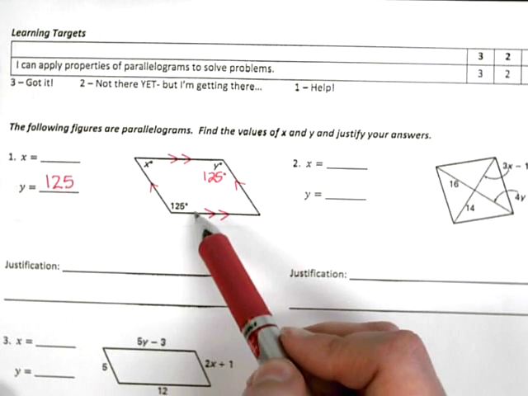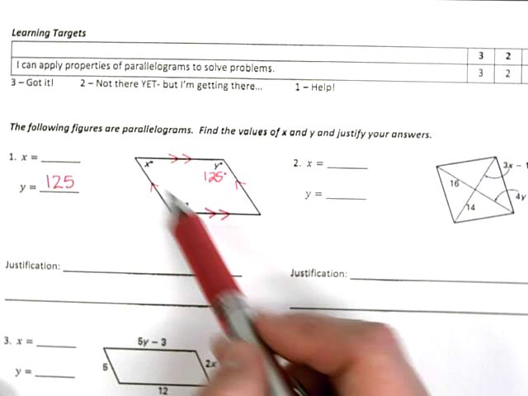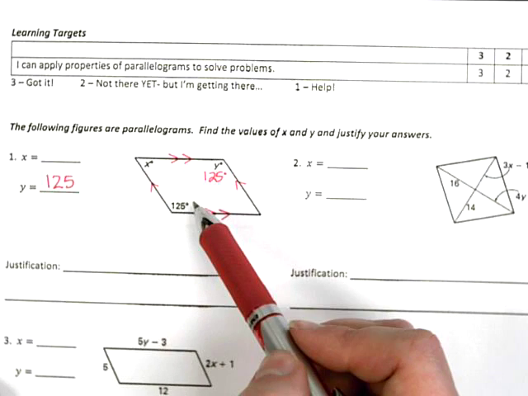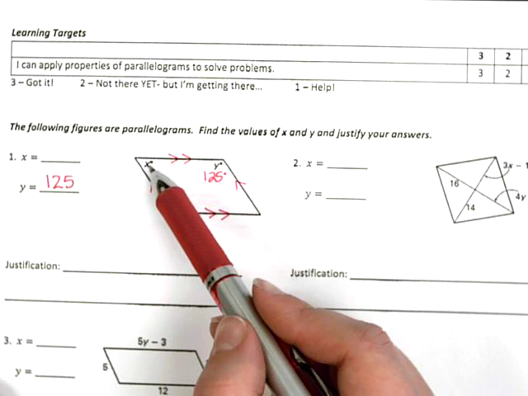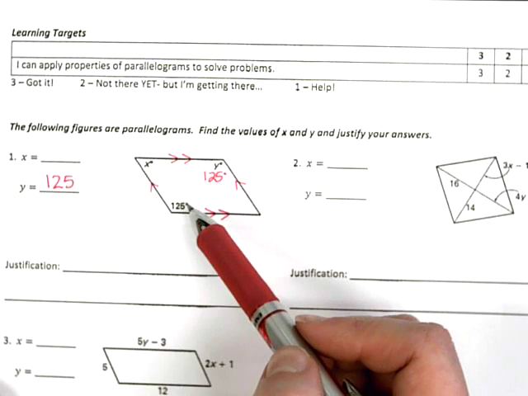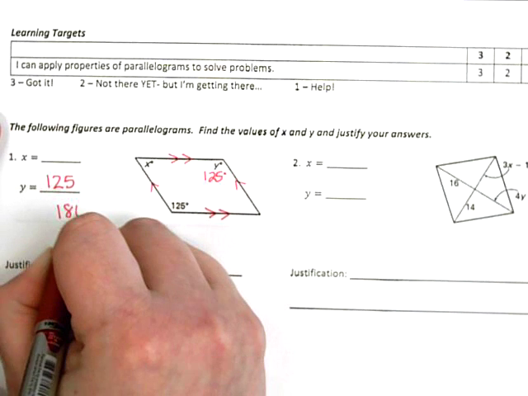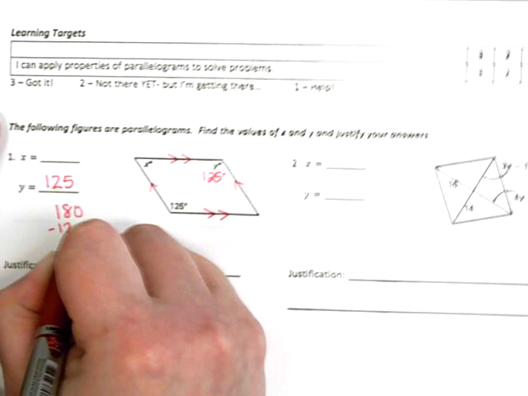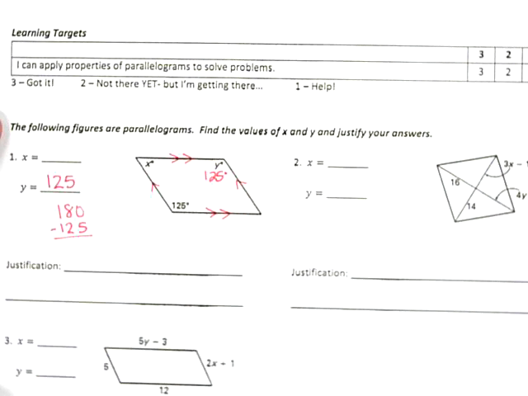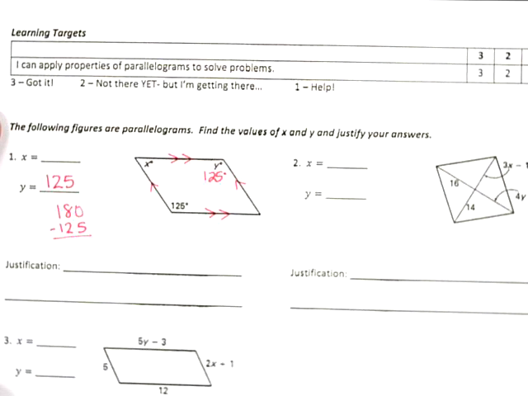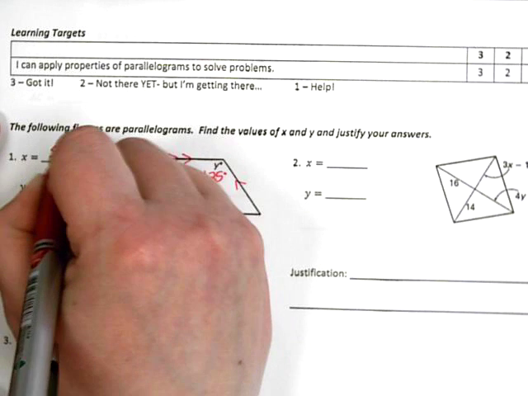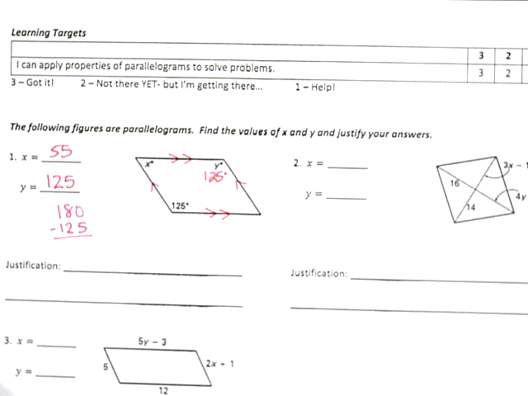And if we think about X, well, the 125 and the X, those are consecutive, right? Consecutive angles. And in a parallelogram, they're supplementary, which means they have to add to 180. So if I do 180 minus 125, I get 55 degrees, which means that X is 55.